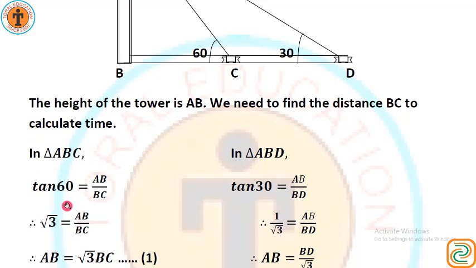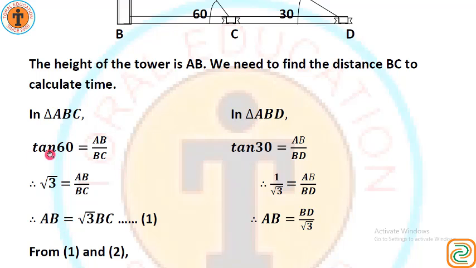Look at the question. We are very well aware of this formula. In triangle ABC, the first triangle, tan 60 root 3 equals AB upon BC, opposite upon adjacent. So AB equals root 3 BC, this is 1. Tan 30, 1 upon root 3 equals AB upon BD.